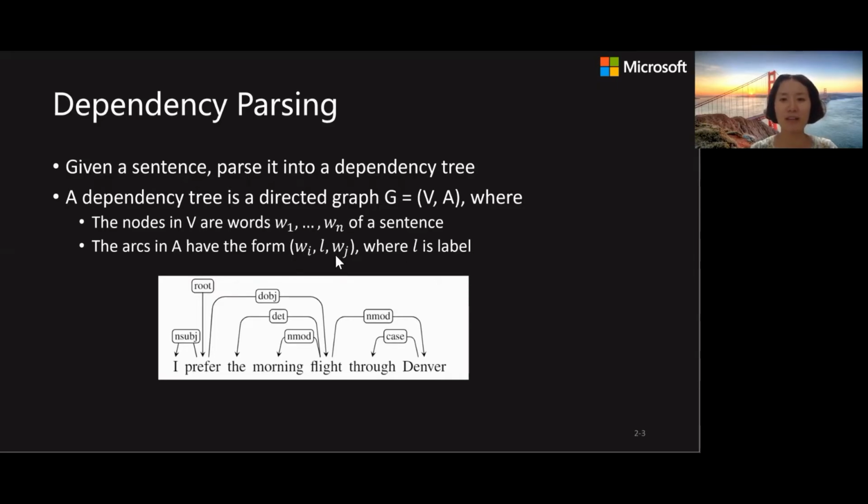Here, Wi and Wg are nodes in the graph, and L is the label of the arc. For example, in this dependency tree, I and prefer are 2 words and nodes in the graph, and there is an arc from prefer to I, and the label of the arc is nsubj.